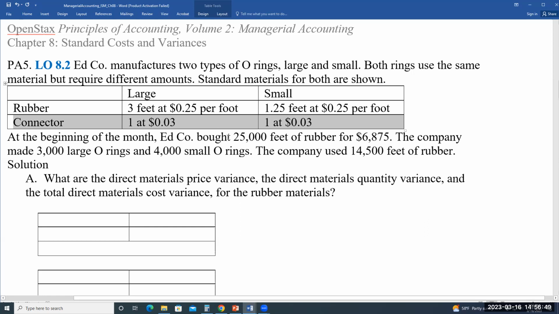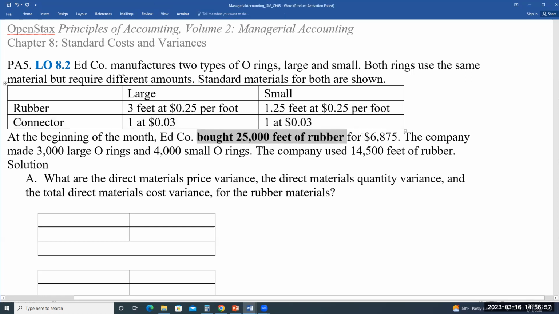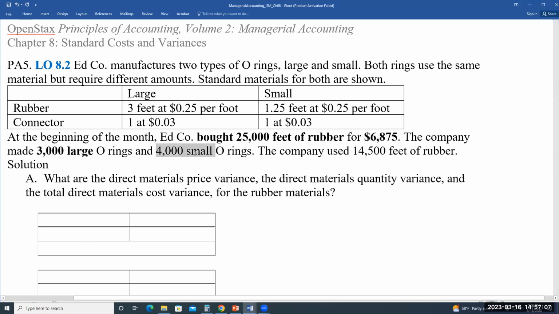At the beginning of the month, we bought 25,000 feet of rubber. That's the amount we purchased. And this was how much we paid. We made 3,000 large O-rings, 4,000 small O-rings. Used 14,500 feet of rubber. Up here, we see the standard quantity and price for each material.